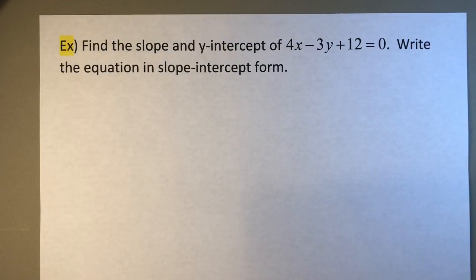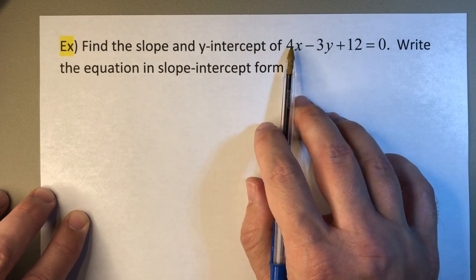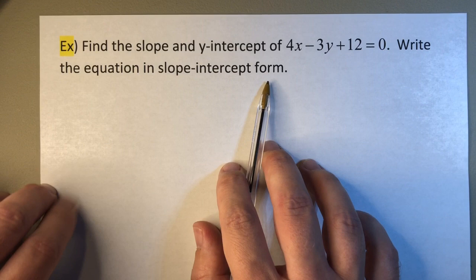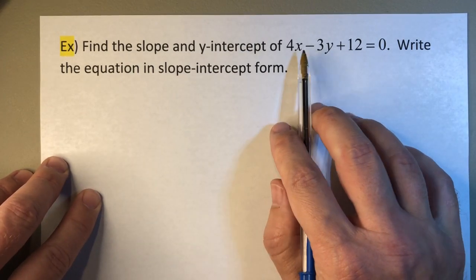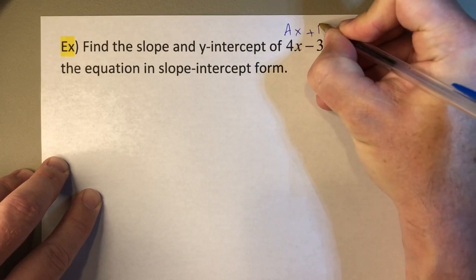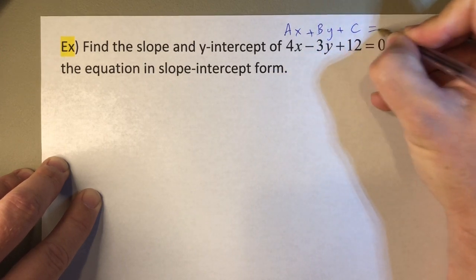Okay, so in this example, we're asked to find the slope and the y-intercept of this general form of our line, and then write the equation in slope-intercept form. Let me write this out for you: ax plus by plus c equals 0.